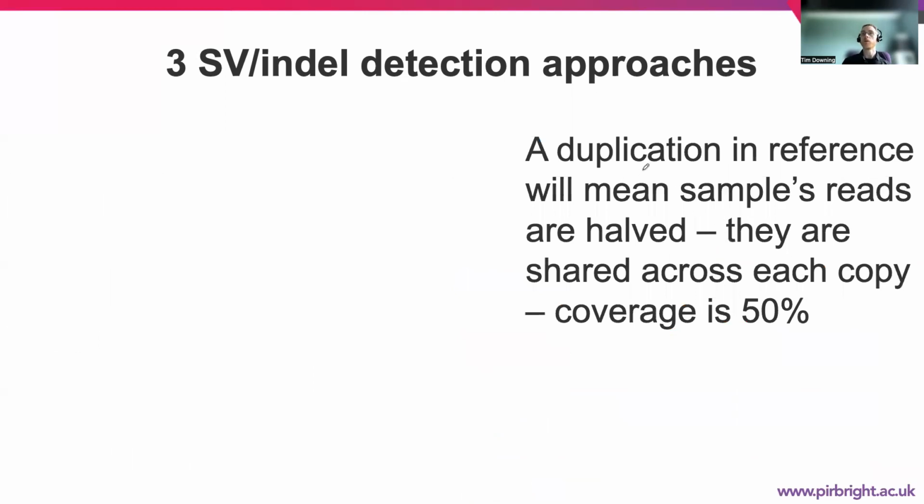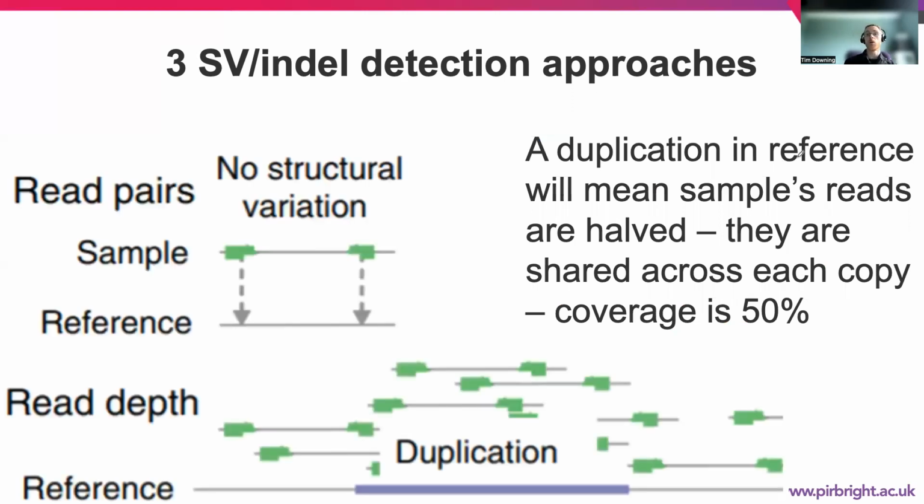So if we have a duplication in the reference, which can happen as well, the reference is just an example genome representative, we hope, of the larger population, but that's not necessarily the case. We'll find that the coverage is lower. So if we imagine a situation where our reference contained an extra copy of a region which was absent in our samples, like A A B here, and we map from our sample, which just contains A and B, we'll find that the reads map well at B into A, they're all mapping well, and then there's a gap here because there are no reads mapping from A into A, and we'll get some of the mapping here.